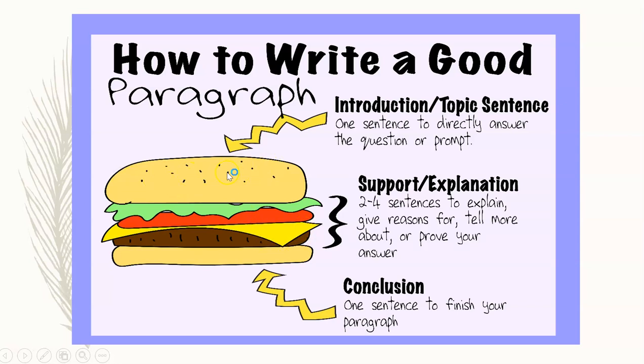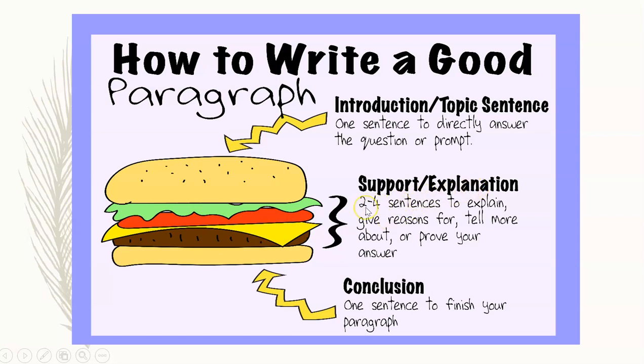The upper bun or the top bun is the first part of the paragraph, which is the introduction or the topic sentence. It is one sentence to directly answer the question or prompt. The lettuces, tomatoes, cheese, and the patty are the second part of the paragraph or support an explanation.